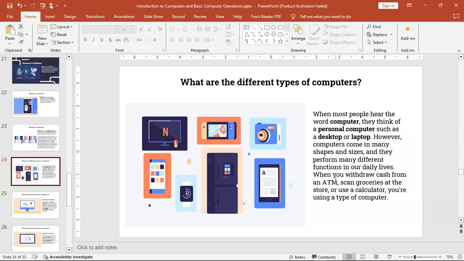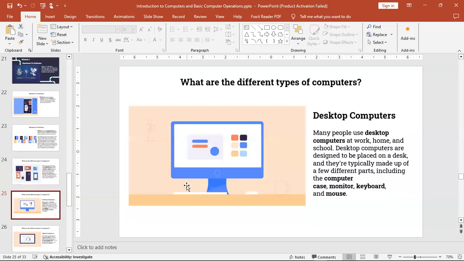That's a computer. It's an electronic device that performs tasks, receives data, processes the data, and produces the output called information. We also have scanners at the store. We use a calculator. All those are computers.